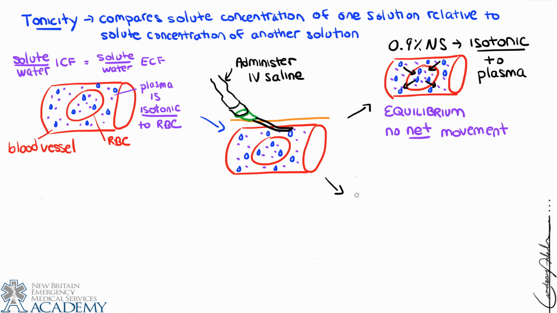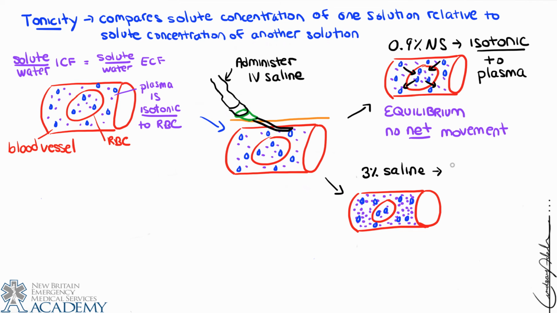So let's compare that to another type of saline. Let's consider 3% saline. So we've administered 3% saline, and we can see that now there's a very high solute concentration in the plasma. We haven't seen any change yet in the cell, but there is a high concentration of solute in the plasma. So we describe the 3% saline as hypertonic to the plasma.